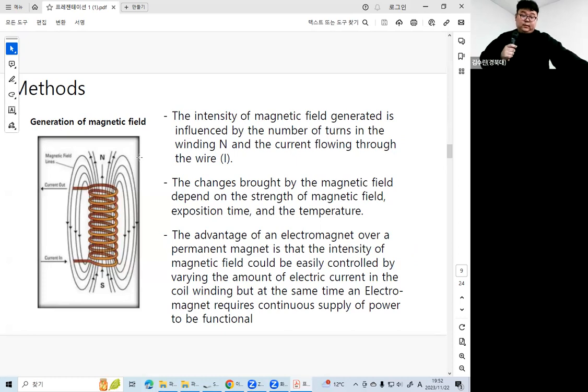The intensity of the magnetic field generated is influenced by the number of turns in the winding and the current I flowing through the wire.